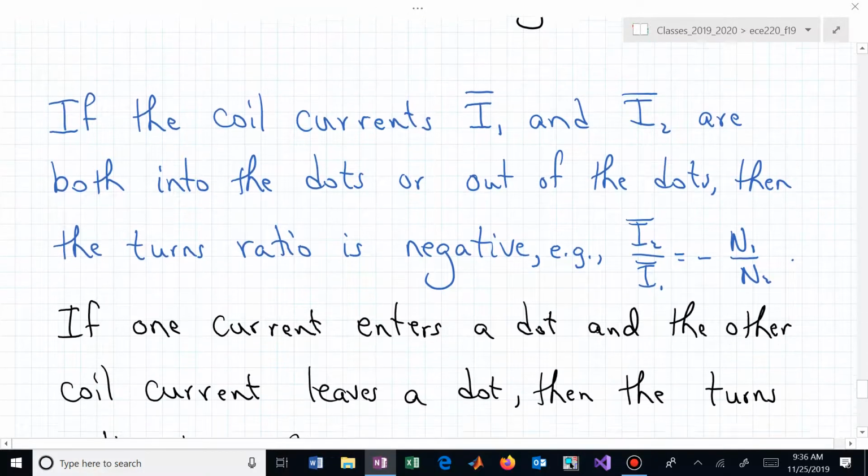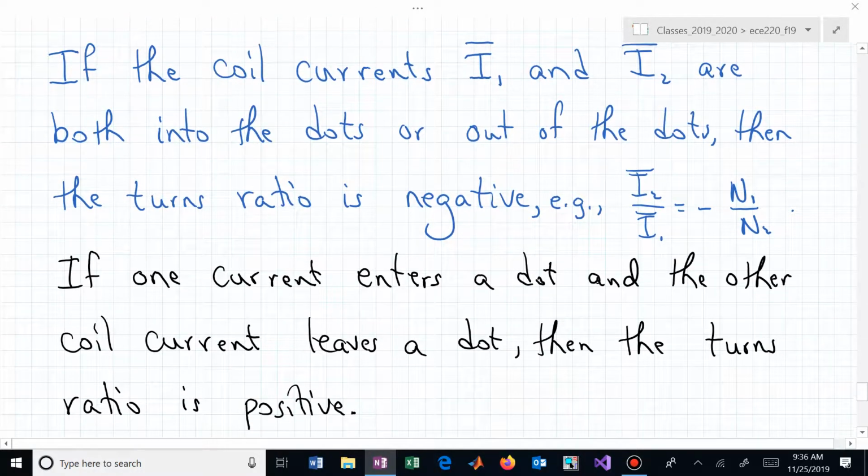And maybe you can keep this straight another way by saying power in equals power out, and going back to the original template that we started today's class with. In this scenario, the way the currents and voltages are labeled, all my ratios have a positive sign. Here, if one current enters a dot and the other current leaves a dot, then the turns ratio is positive.